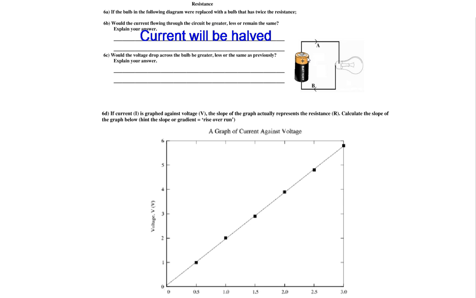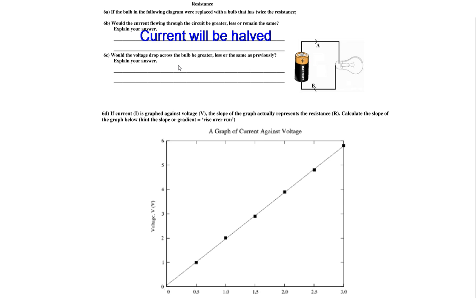It will slow down those electrons. It will take twice as long for them to flow through. So increasing the resistance, the opposition to that flow of electrons, reduces the current. Doubling the resistance halves the flow. Just like voltage would have the opposite effect, if we doubled the voltage, we gave the electrons twice as much energy, they would also flow twice as quickly. So they all go kind of hand in hand together.